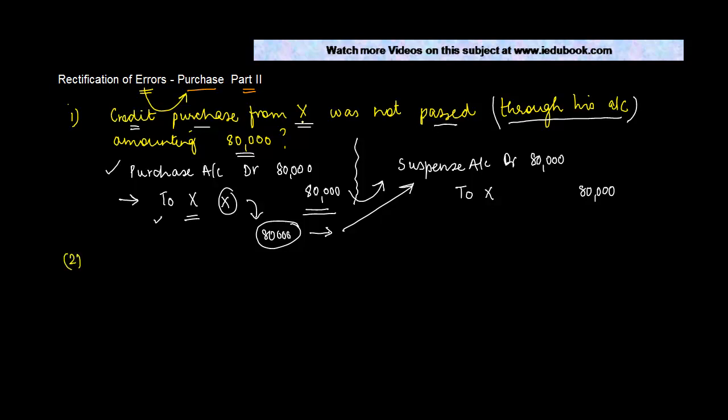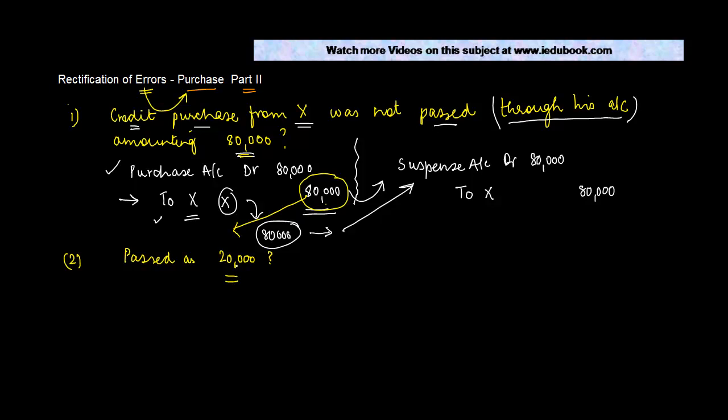Second, credit purchases from X was not passed through his account amounting to rupees 80,000. Now let's say instead of 80,000 it was passed as 20,000. Right? So he was supposed to be credited by 80,000, but instead of 80,000 he was credited only 20,000.